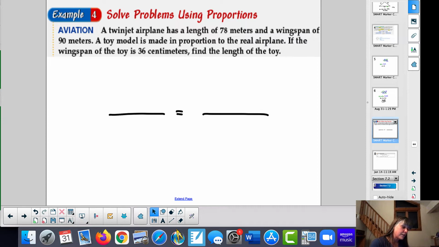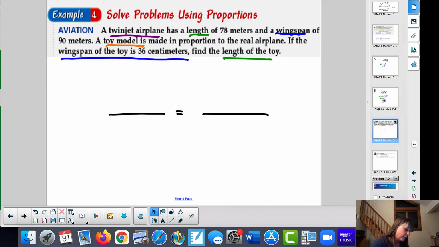So in this particular problem, we have a twin jet airplane that has a length and also a wingspan. And then we have a model which also has a length, which we have to find, and a wingspan.